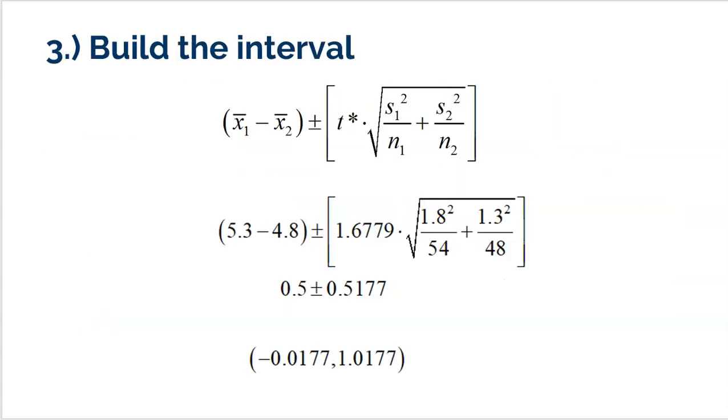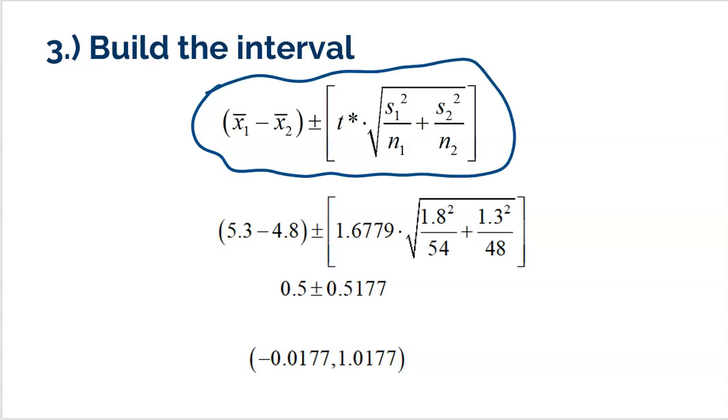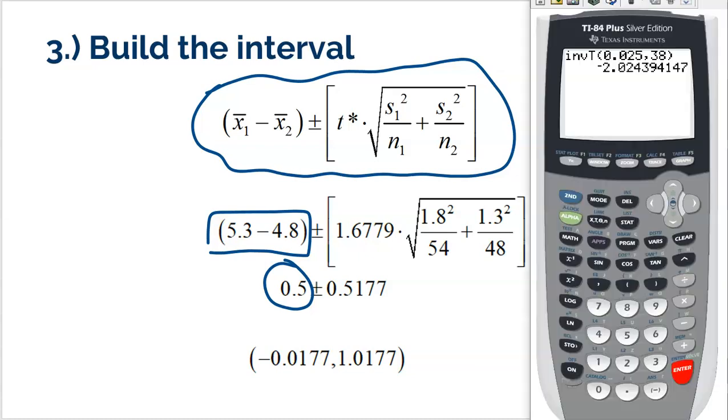All right, so now it's time to build the interval. So what I actually like to do is kind of rewrite the formula real quick and then just start substituting everything in. So the first thing is the difference between my 2 samples, which was 0.5. That was pretty easy. Actually, I already found that. Now I need my T star. Let me show you how I'm going to get that real quick. So I'm going to go to second vars.